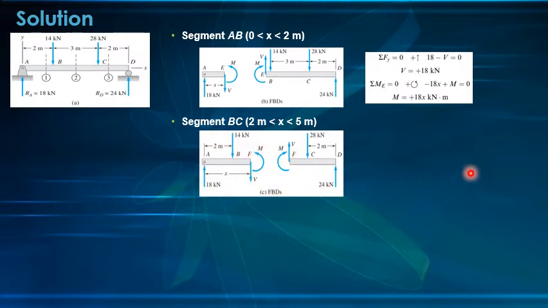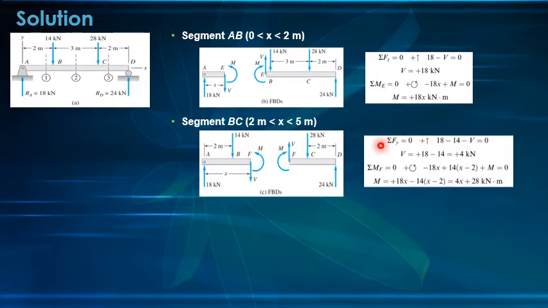of the cutting plane. So, we will do summation forces y equals 0, taking upward positive. We have 18 minus 14 minus the shear force. That will give us a shear force of positive 4 kilonewton. Next is the moment.